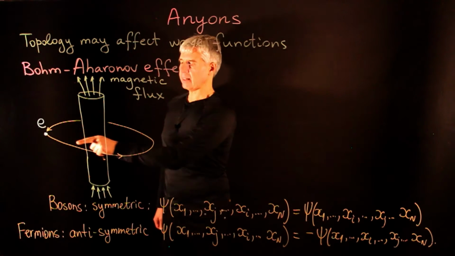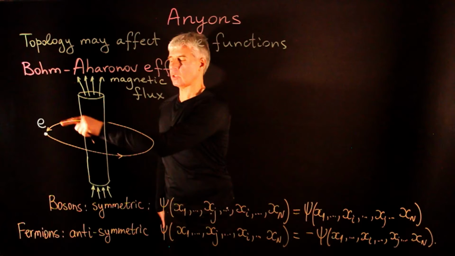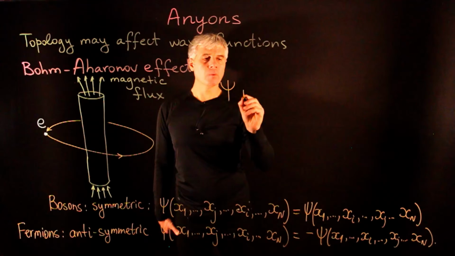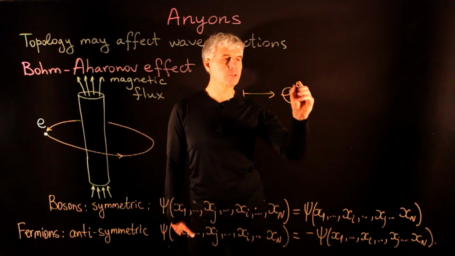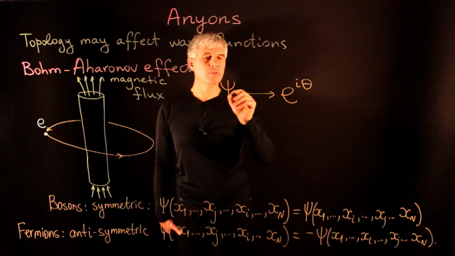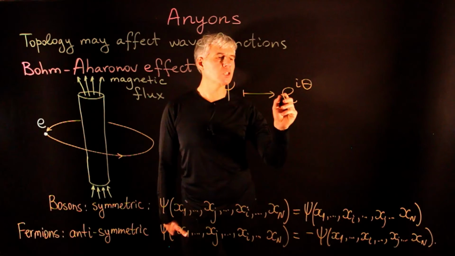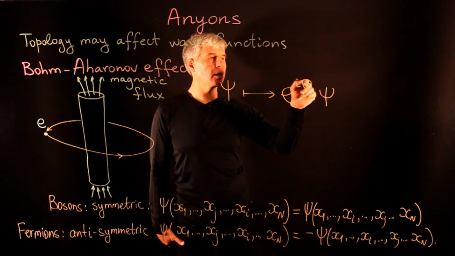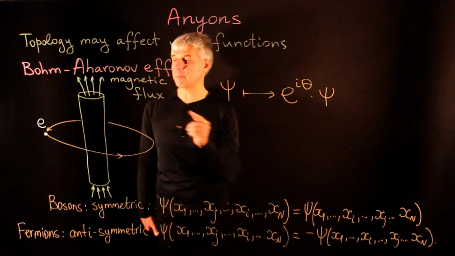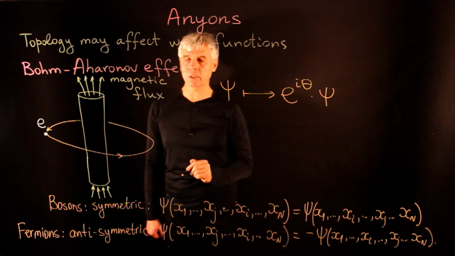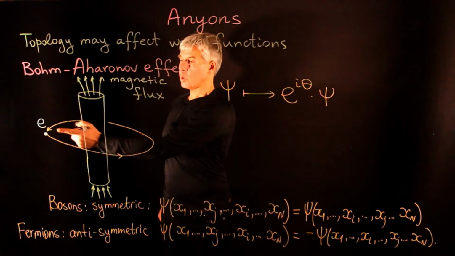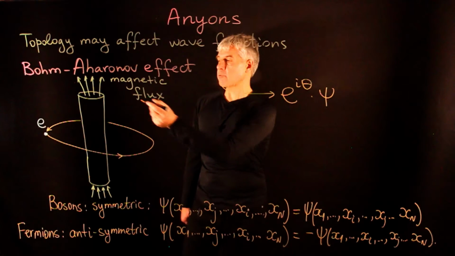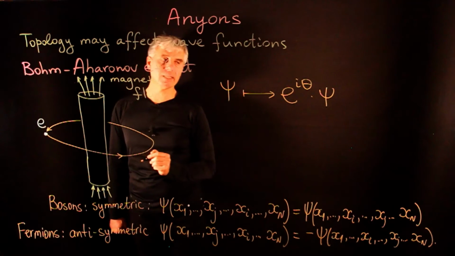If we move this electron in an orbit around this tube, then it turns out that the wave function of this electron will acquire a phase shift. So it will change from a wave function psi to the wave function e to the i theta times psi. And this phase shift theta is determined by the flux of the magnetic field in this tube. So at no time does this electron enter the magnetic field. It only goes around the flux of the magnetic field.